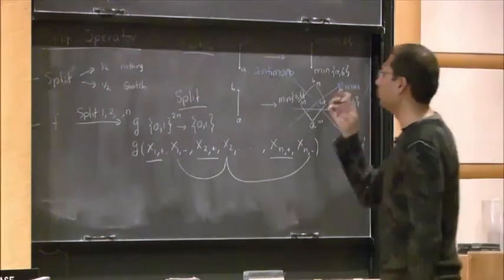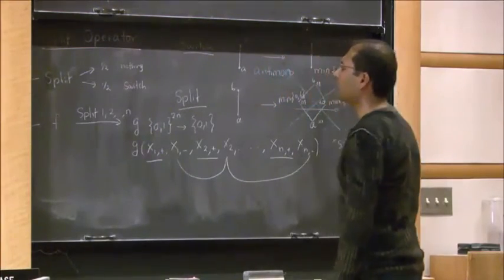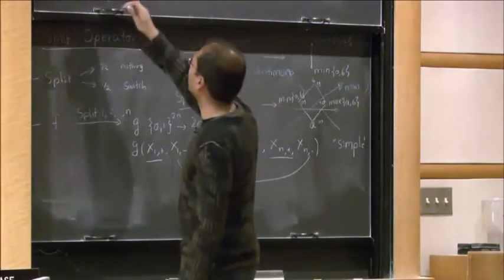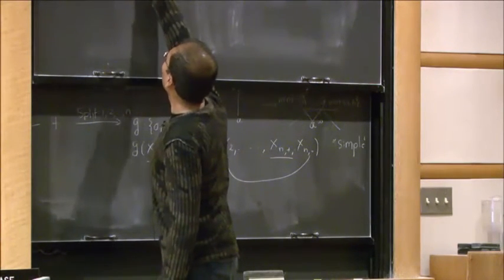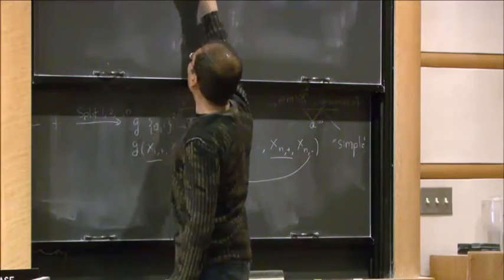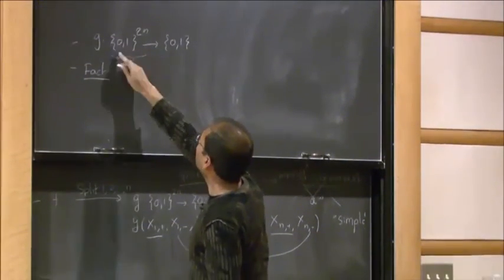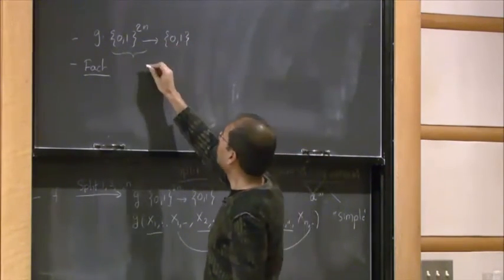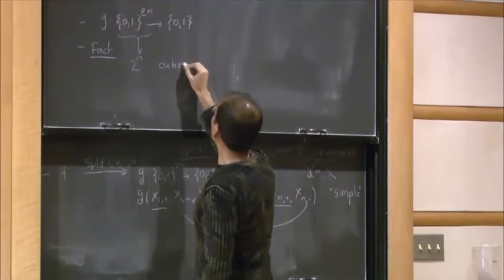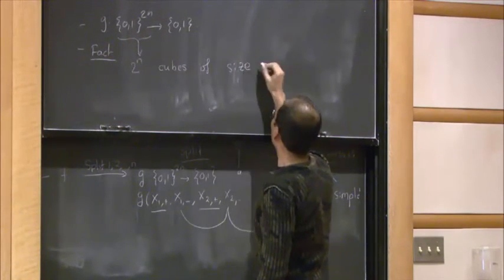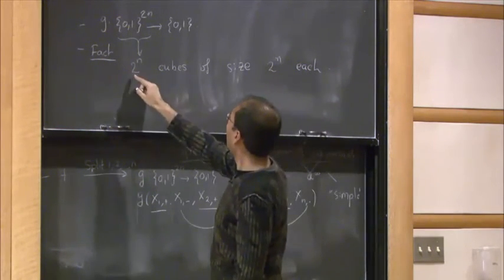Okay, so finally, here is one precise manner in which G is actually morally f applied to a random half of the coordinates. G is a function from {0,1}^{2n} to {0,1}, and this is a cube of 2^{2n} points. It's possible to partition this into 2^n cubes of size 2^n each.